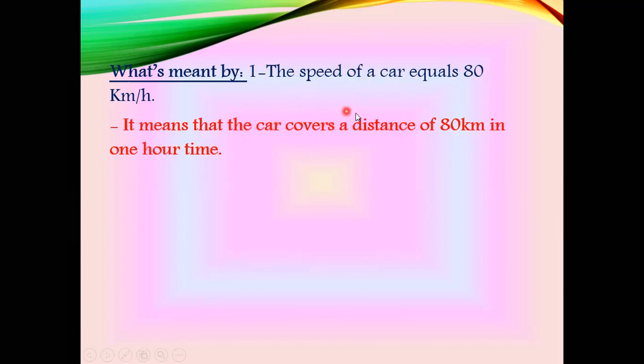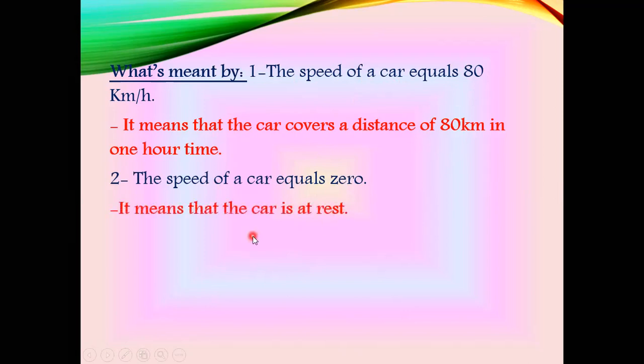Distance in a unit time. Okay? What is meant by the speed of a car equals zero? This is very easy. What does speed of a car equals zero mean? It means the car didn't move. Okay? So what does that mean? It means that the car is at rest.